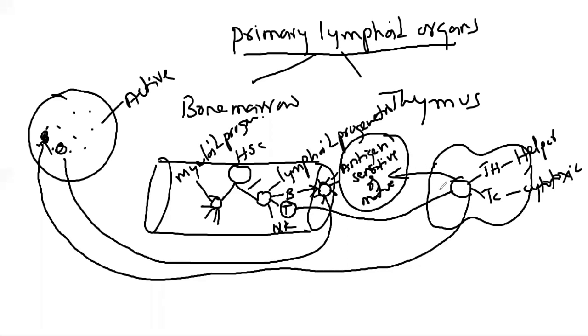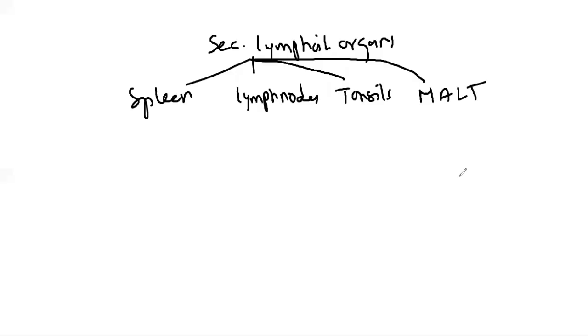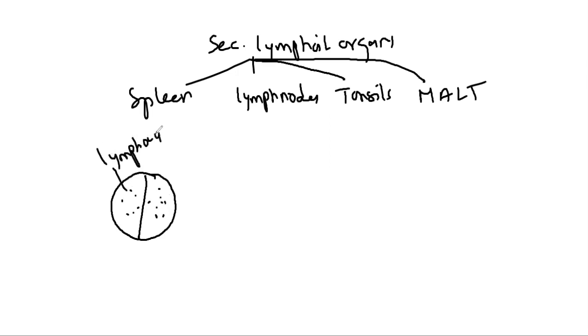Now we'll see the secondary lymphatic organs. The secondary lymphatic organs include spleen, lymph nodes, tonsils, and MALT. Here the spleen is the largest lymphatic organ, in which we can observe both lymphocytes and phagocytes.